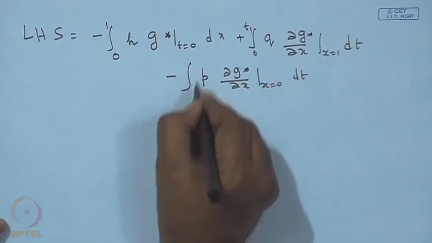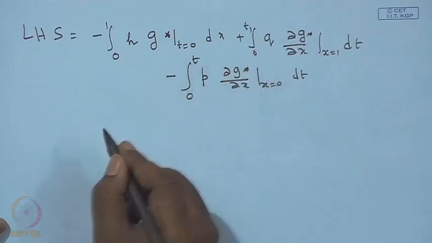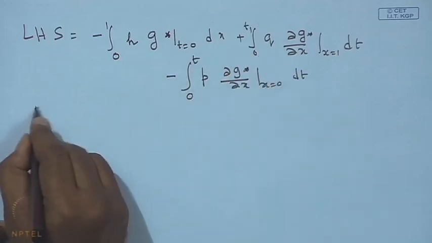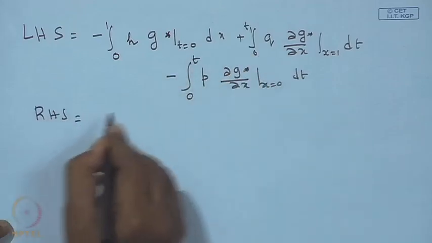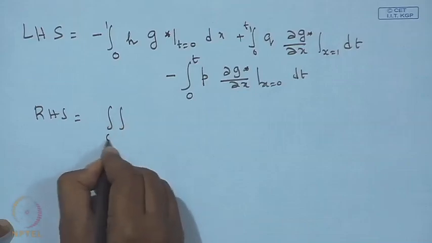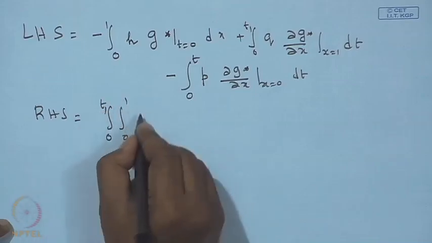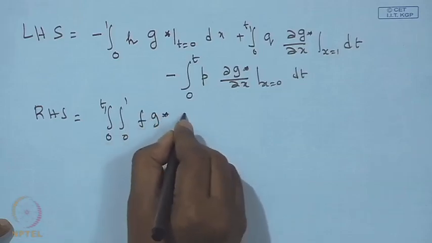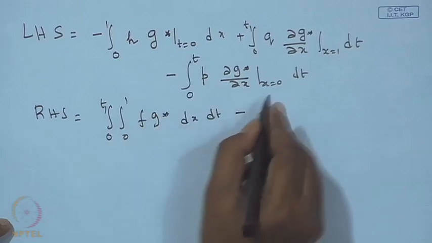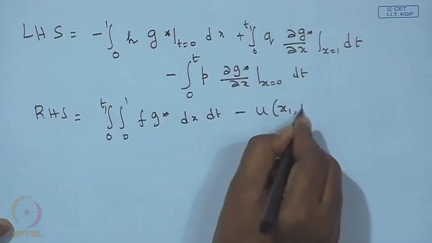So, this will be over 0 to t1. If you look into the right hand side, the right hand side is the double integral 0 to t1, 0 to 1 of f g* dx dt, equal to minus u(x1, t1).